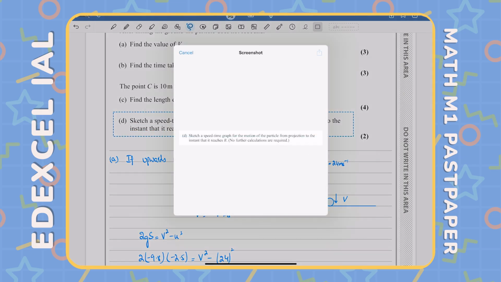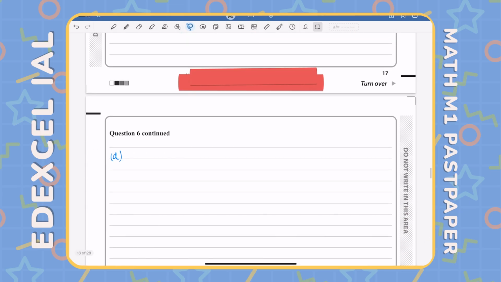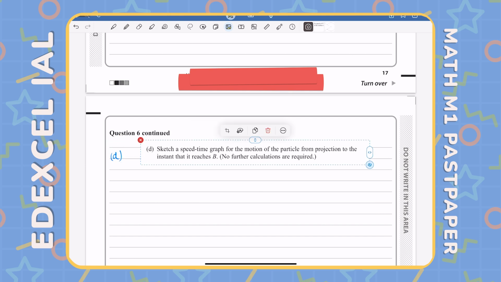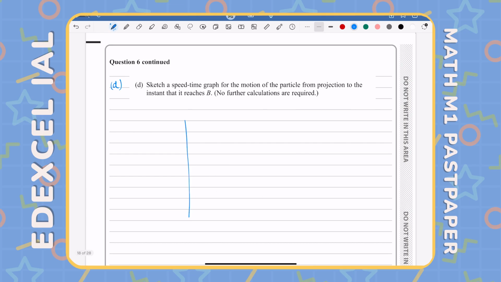So that means there's probably no value of t that we're supposed to find out. We know that the ball was projected vertically upward from the ground at a speed of 24 meters per second. So here we are at a speed of 24 meters per second. Remember, this is a speed time graph, not a velocity time graph.